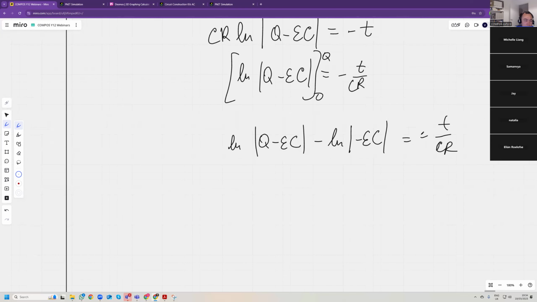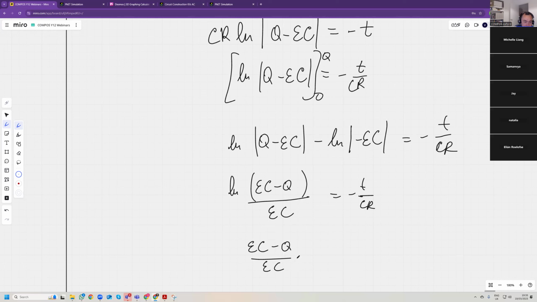It's the modulus, so I know that Q will always be less than EMF C. So it's logarithm EMF C minus Q over EMF C equals minus t over CR. And finally, EMF C minus Q over EMF C is equal to e to the minus t over CR.